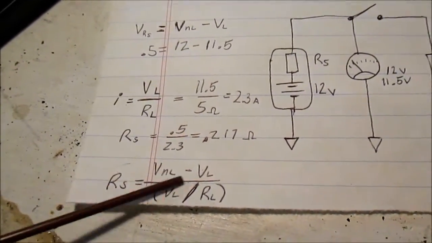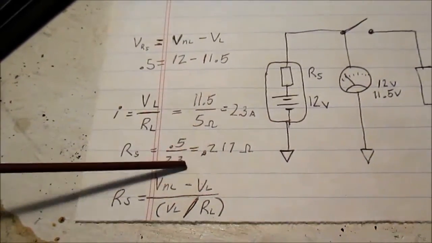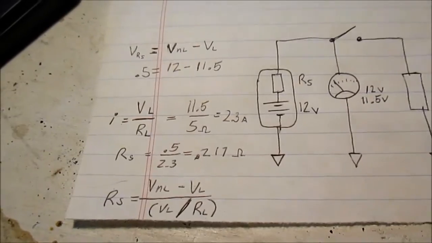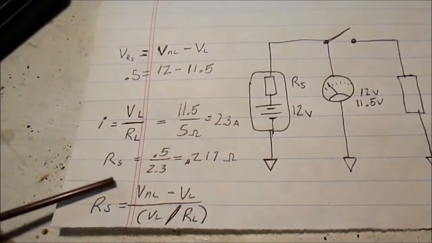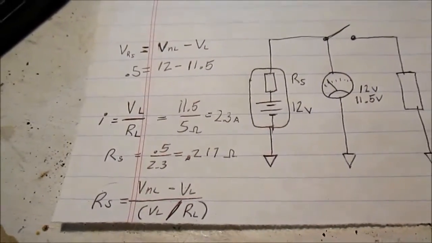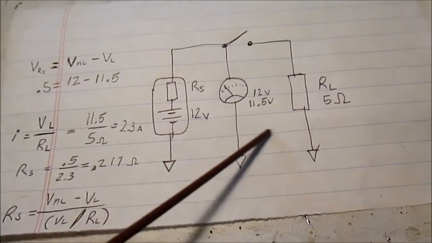Now, who in the hell remembers this stuff? What I do, I like to solve things in steps. You need just Ohm's law. It makes it a lot easier. It's just the way I do it. But if you want an equation, that's the equation. Okay, well, that's finding the source resistance.